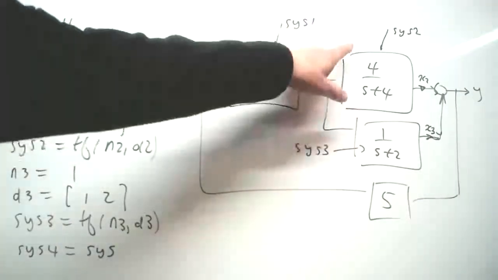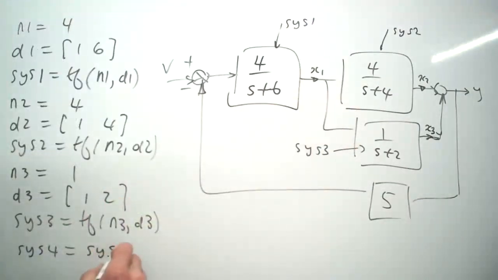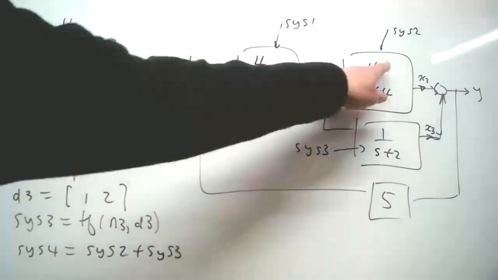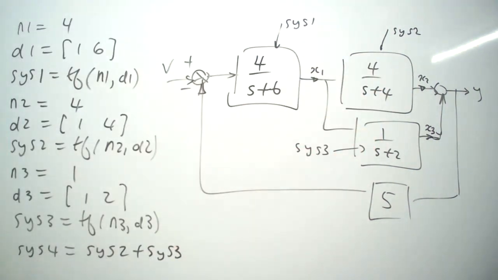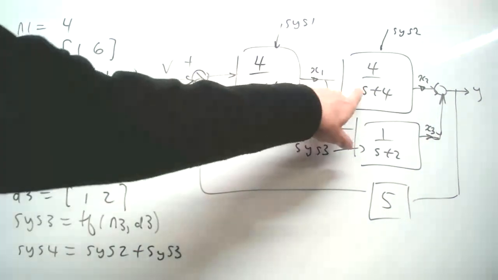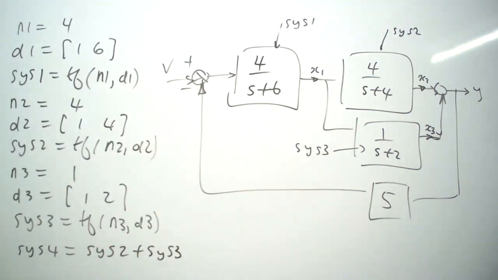We have to add these together, so sys2 and 3 get added up, so it's equal to sys2 plus sys3. So what I've done now is I've simplified that part there into one block called sys4, and then I could multiply this by sys4. I'll just do it. I'll go back and do this neat in a minute. So what I've done now is I've done away with all this.